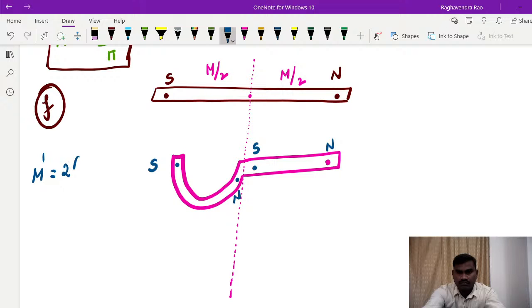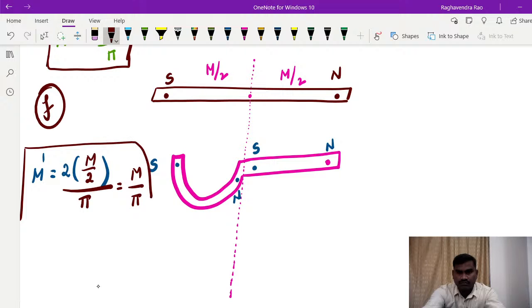That means in the place of m, we need to take m by 2. So m by 2 by pi, this will be equal to m by pi. So this is a very important case. With simple logic we need to take this value m by pi and 2m by pi.